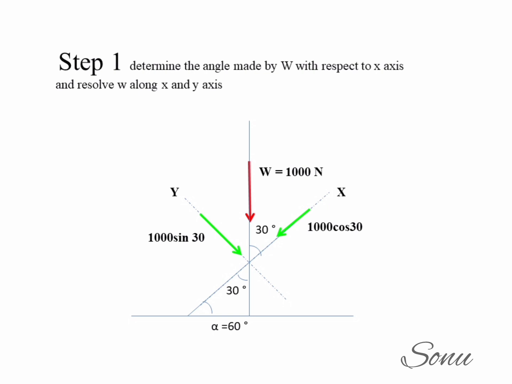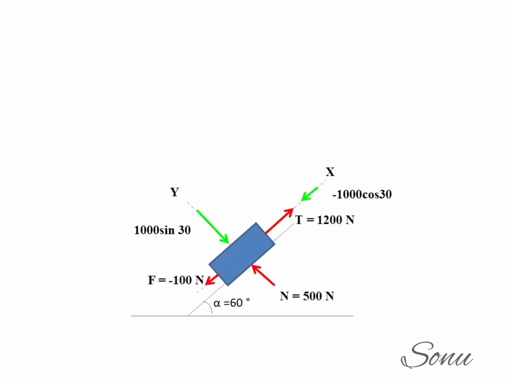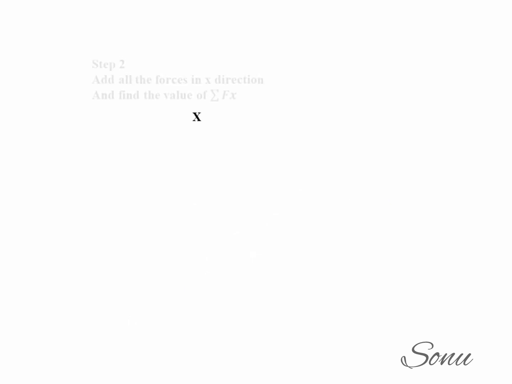We can see here this is an inclined plane, and the inclined plane is making an angle of 60 degrees. So when this plane is inclined at 60 degrees, we will have all the forces resolved along the x and y axes. You can find it now.